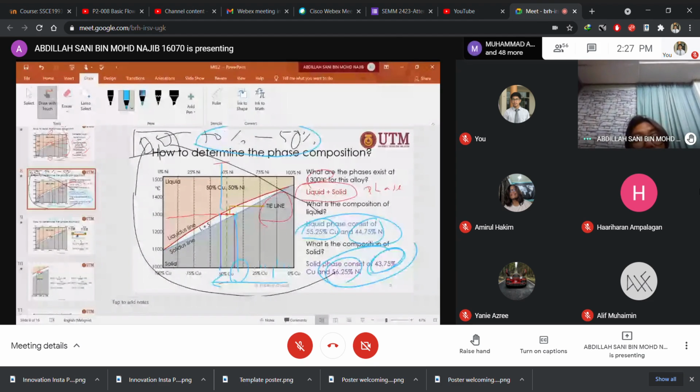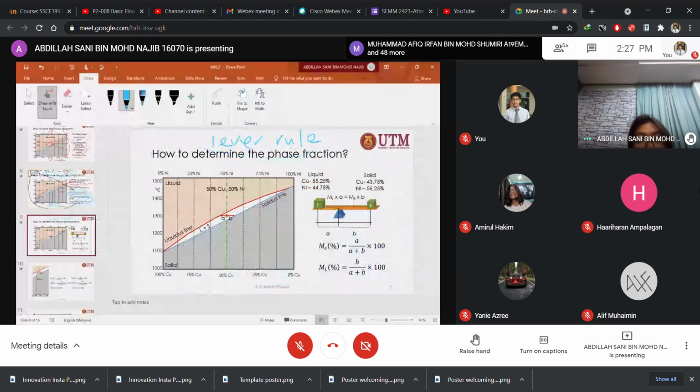So the lever rule tells us, at this temperature, the material is in the form of liquid and solid. The lever rule tells us how much is the solid and how much is the liquid.